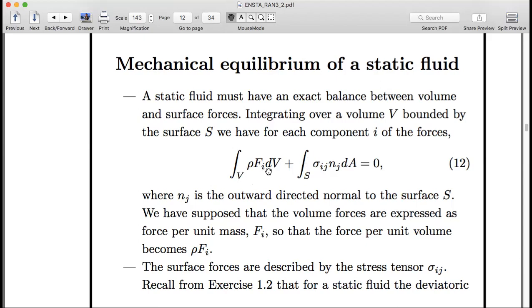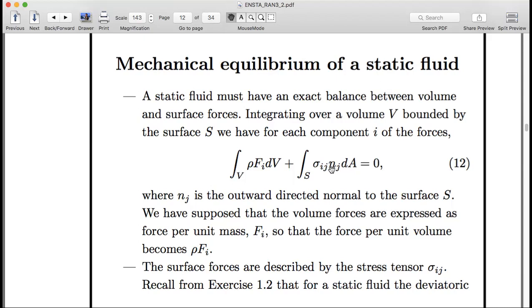And for each component, that has to equal the total forces acting on the surface of this body. So I'm going to do the same sort of integral calculus procedure of taking my surface and dividing it up into tiny infinitesimal surfaces of area dA. Normally that would be a vector dA, but I've decided to make dA a scalar, just the magnitude of the area, and then multiply that by the unit normal n.